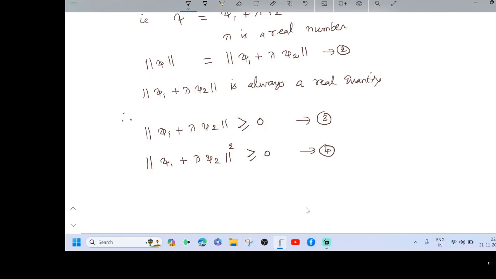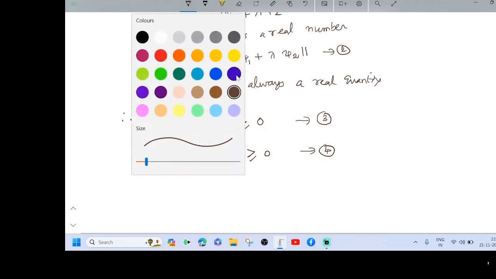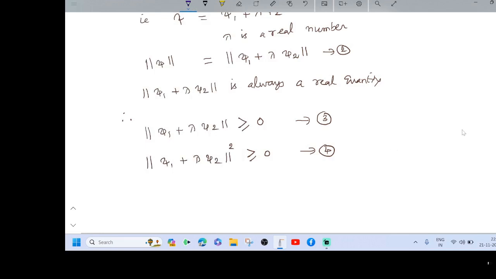Now we have to write the value of the norm square of psi1 plus lambda into psi2, which is equal to the integral of psi1 plus lambda into psi2, star, into psi1 plus lambda into psi2, into d tau.